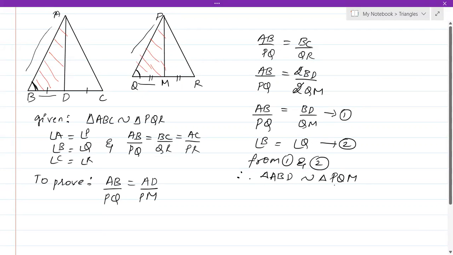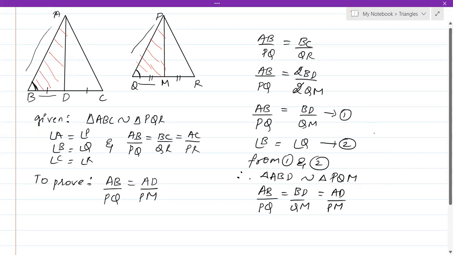If two triangles are similar, we can say that the corresponding sides are in proportion. Therefore, we get AB by PQ is equal to BD by QM, which is equal to AD by PM. In that, we need the first part and the last part. Therefore, we can eliminate the middle one.